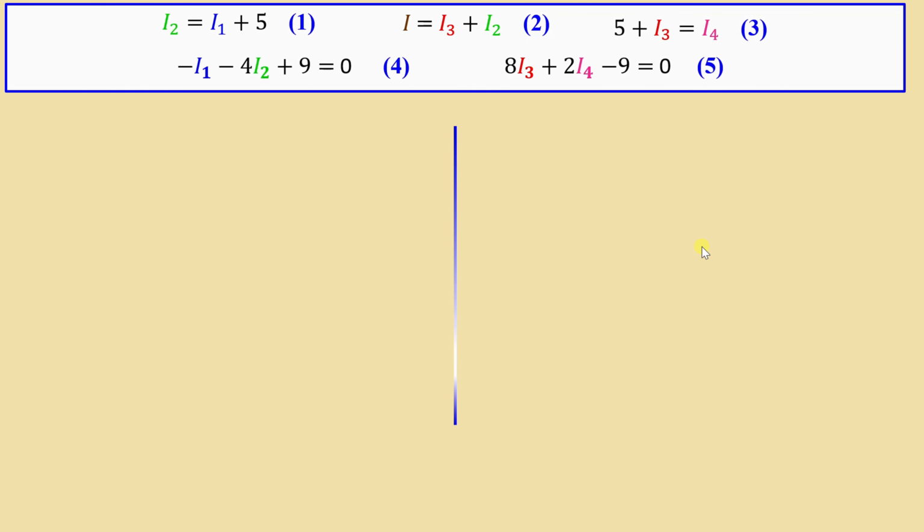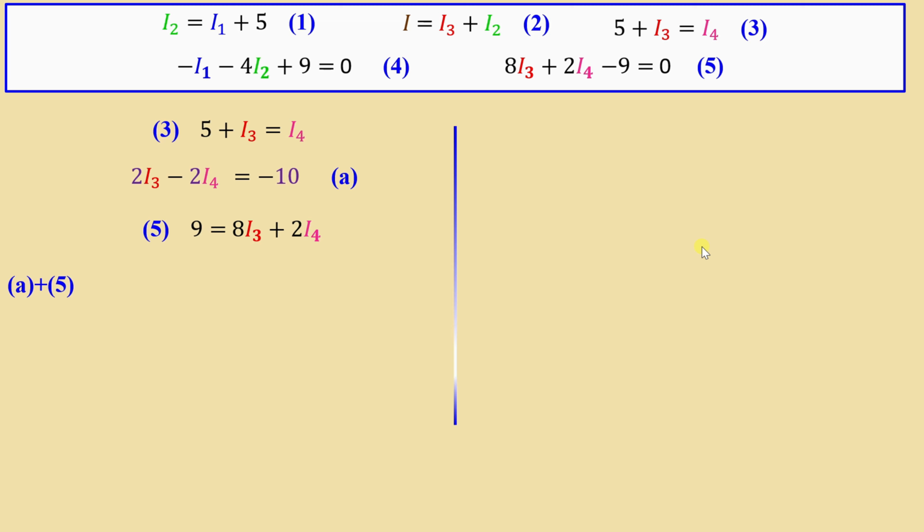Let's start with equation number 3. We have 5 plus I3 is equal to I4. By multiplying 3 by 2, we obtain 2I3 minus 2I4 is equal to negative 10. I will call this A. We have 9 is equal to 8I3 plus 2I4.